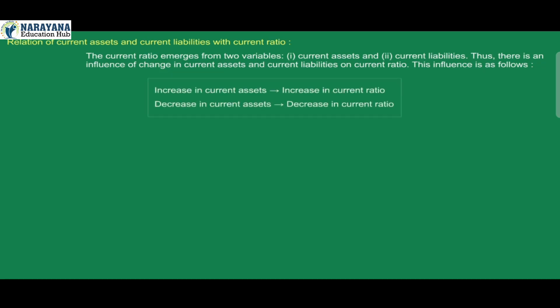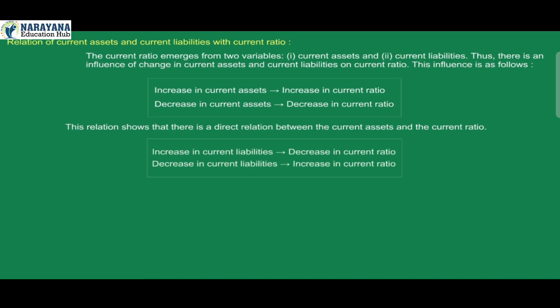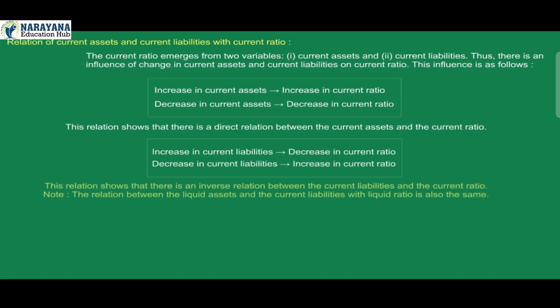Increase in current assets, increase in current ratio. Decrease in current assets, decrease in current ratio. This shows a direct relation between current assets and the current ratio. Increase in current liabilities, decrease in current ratio. Decrease in current liabilities, increase in current ratio. This shows an inverse relation between current liabilities and the current ratio.